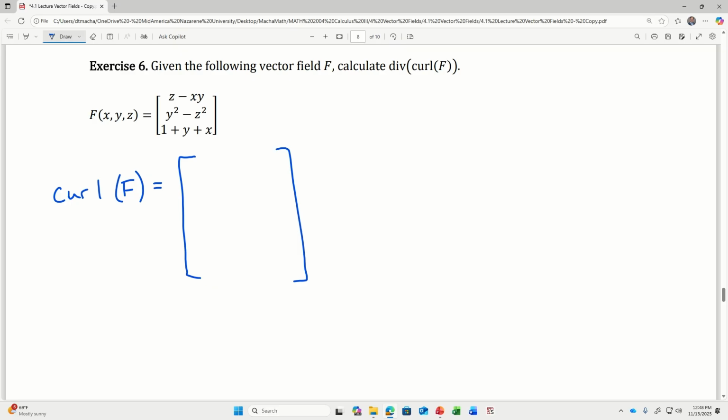It's going to be the partial with respect to y of 1 plus y plus x, minus the partial with respect to z of y squared minus z squared.